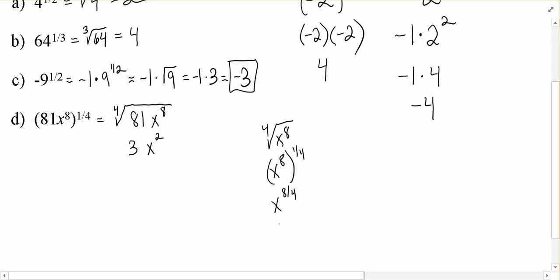And what's 8 divided by 4? Well, it's 2. And so we can actually see that there's a rule developing here, that when you have x to a power and you're taking a radical of it, you can basically just take the power and divide by the index. And that's because of this rule, because of what's going on with these rational exponents.